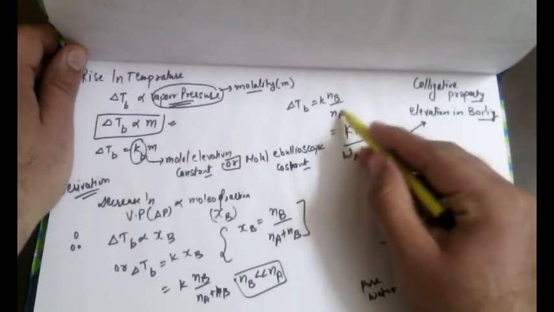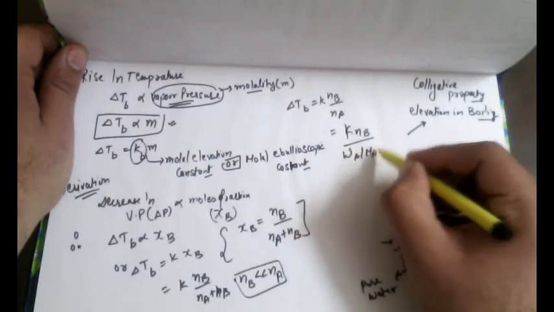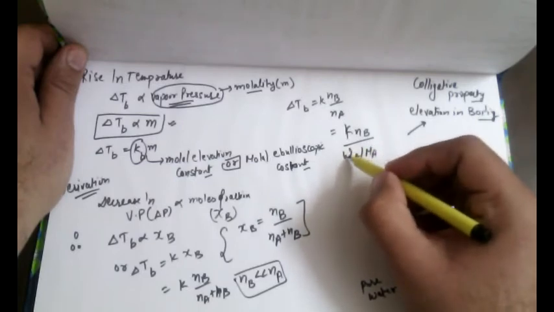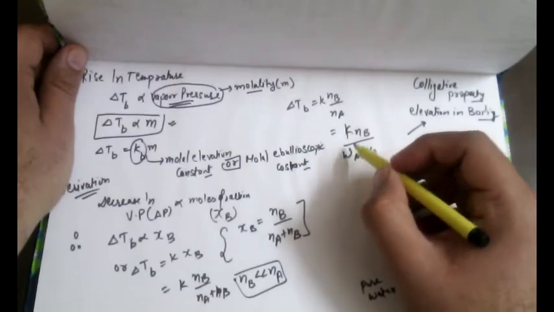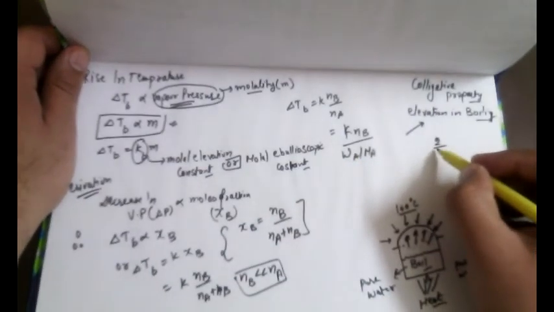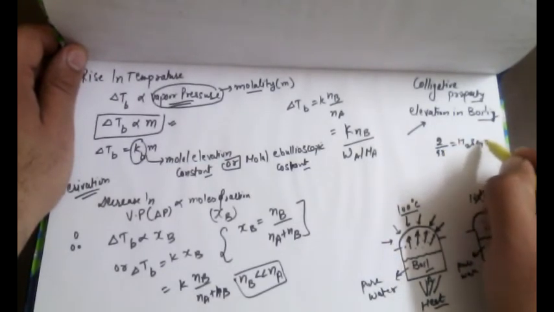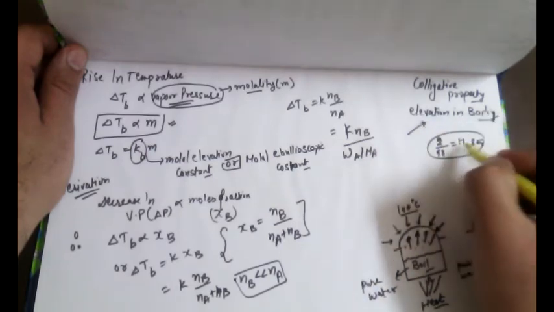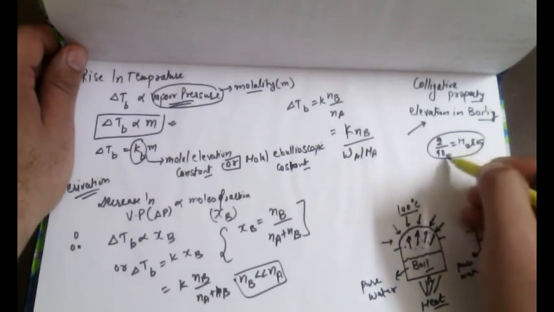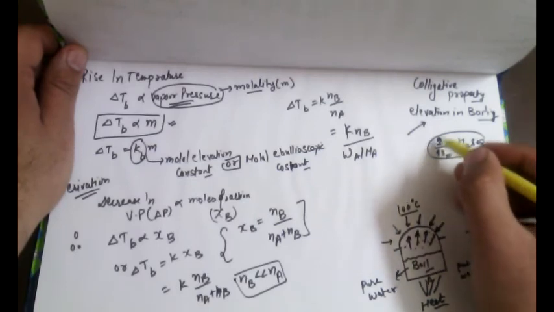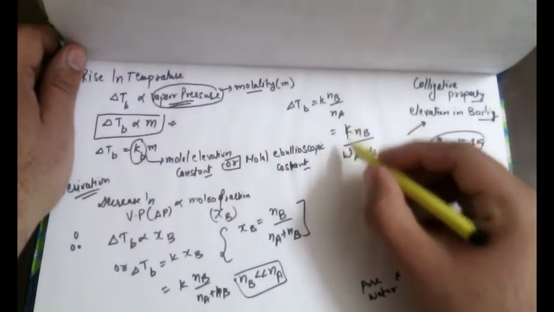The formula for number of moles is the weight of mass divided by molecular mass. If I take 2 grams of H2SO4, and 98 is the molecular mass of H2SO4, obtained by adding all the atomic masses, then this is how we represent the number of moles.